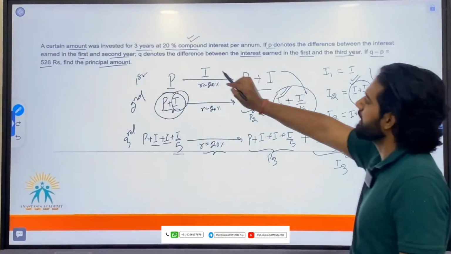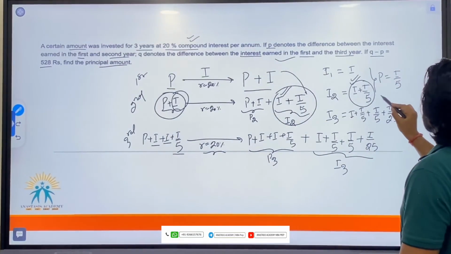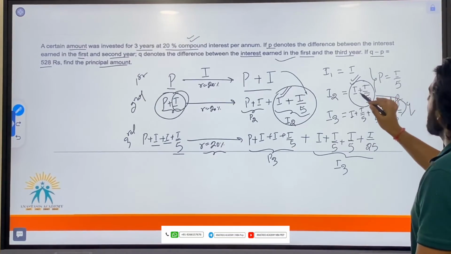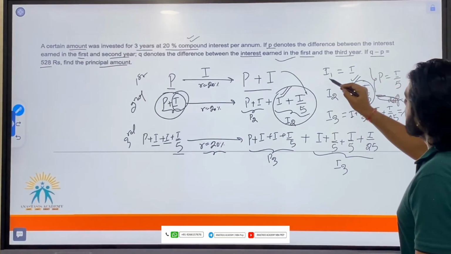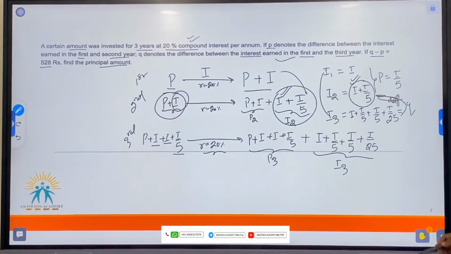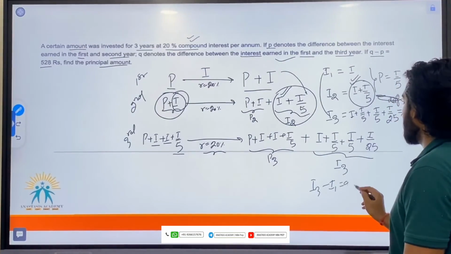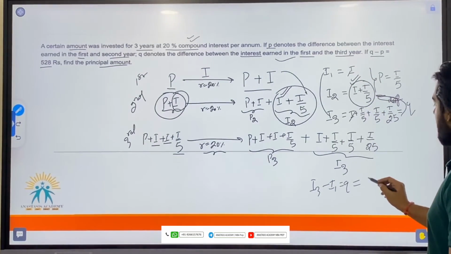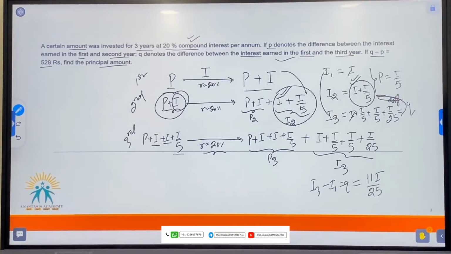It is given that Q denotes the difference between interest earned in the first and third year. So this difference, the difference of first year and third year, this difference for I3 minus I1, it is given as Q. So it is equal to, I get cancelled, and it becomes how much? 11I upon 25. This is Q.